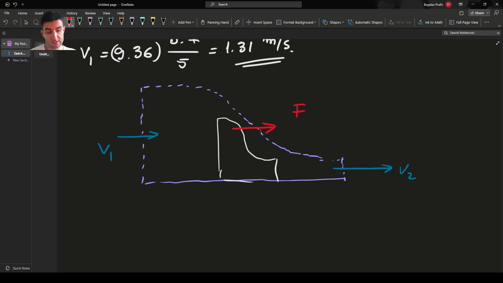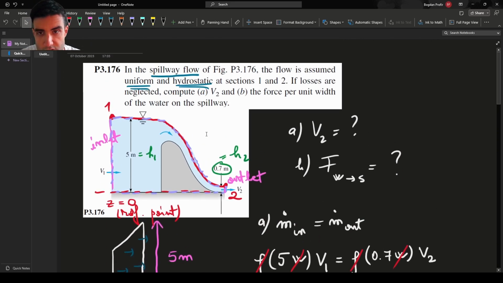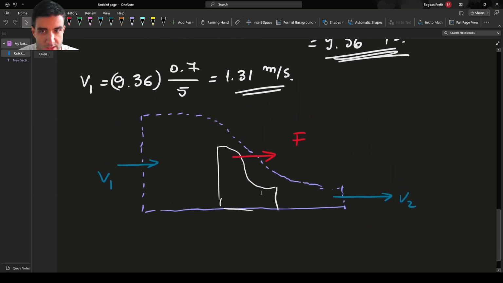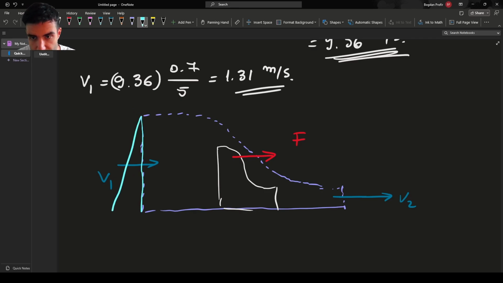Now, in addition to that, the question tells us that the flow is assumed to be hydrostatic, which means we have to take into account that there is a force due to hydrostatic pressure acting on this side, and that force is going to be acting this way, right? So we have a force like this.